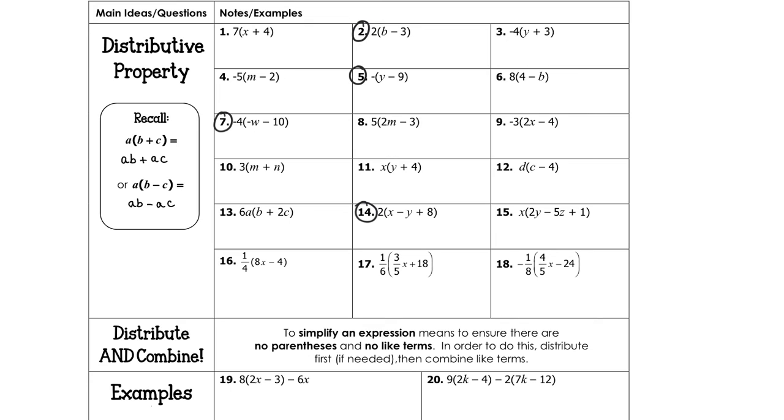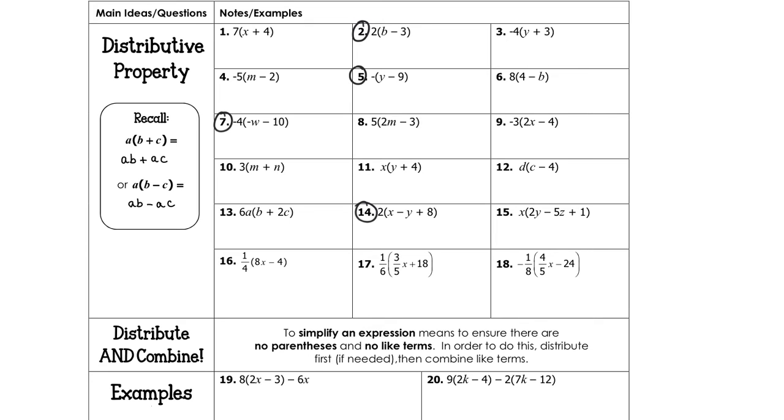Now multiplication is not the same as addition and subtraction. In addition and subtraction, you can only combine things that are alike. Multiplication is what enables us to combine unlike things.